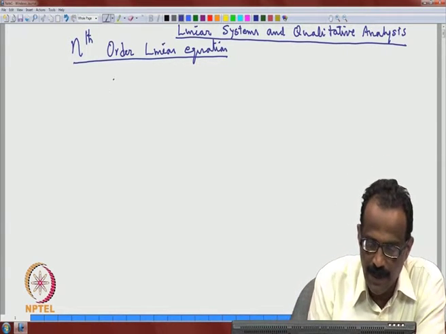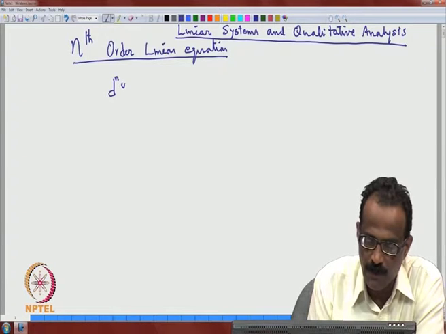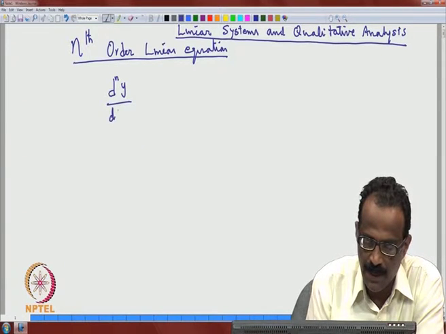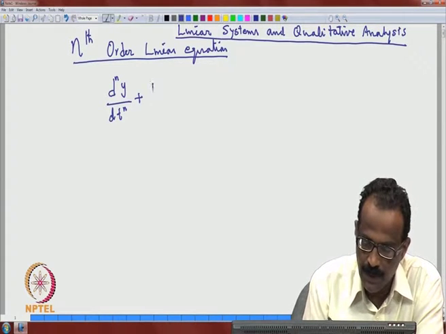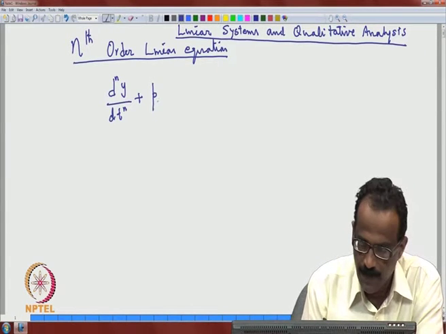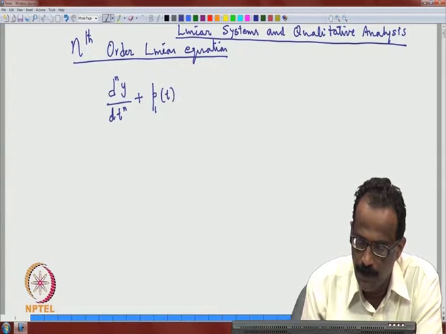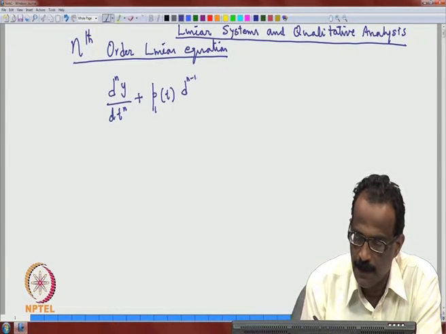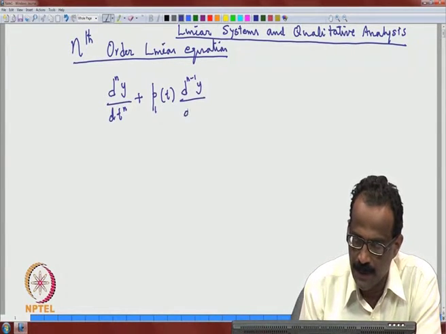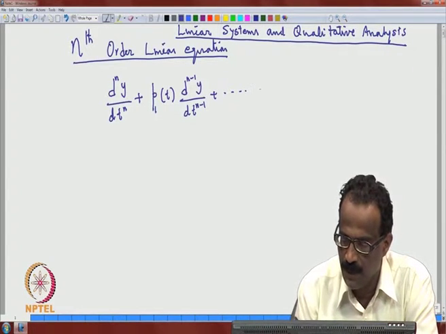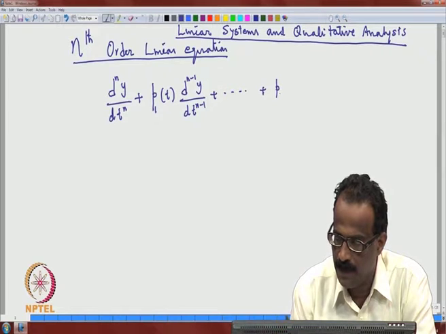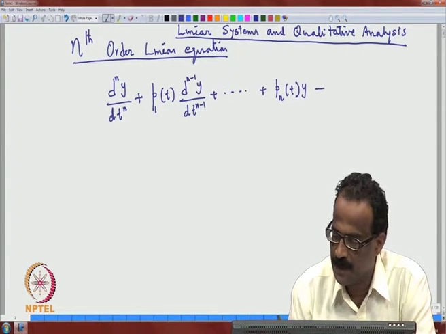You will have the nth equation: d^n y by dt^n plus p1(t) d^(n-1) y by dt^(n-1), and so on, plus the final term pn(t) y, equal to some g(t).